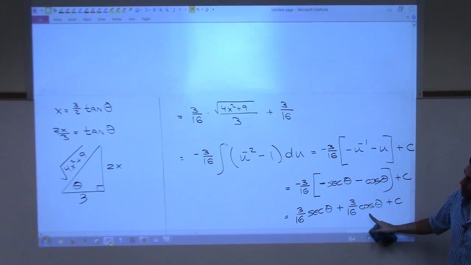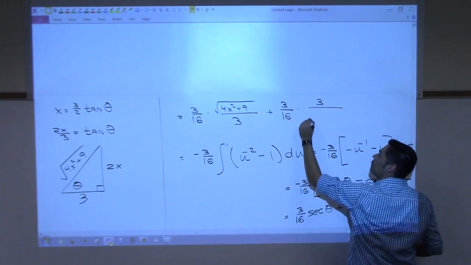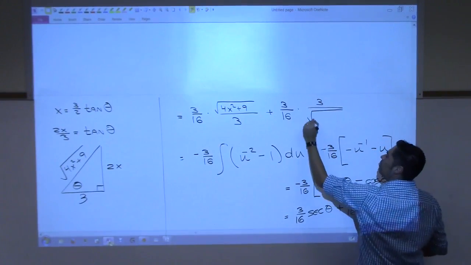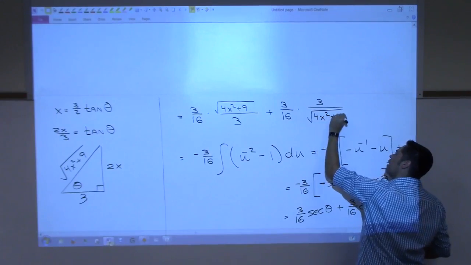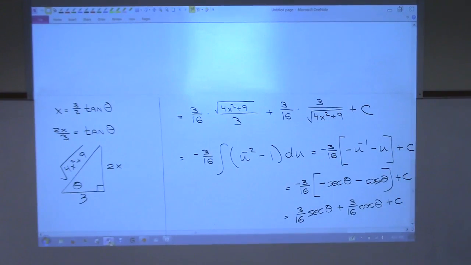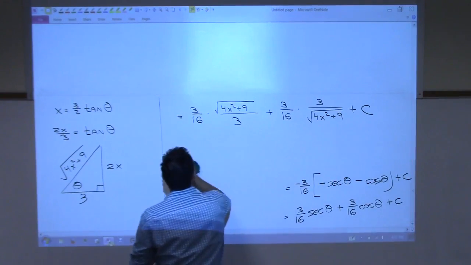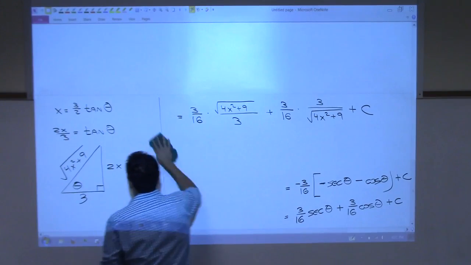It's the inverse: adjacent over hypotenuse. So this time 3 over root 4x squared plus 9, plus c. Little cleaning up to do and I'm done? I'll clean it up. Final answer.